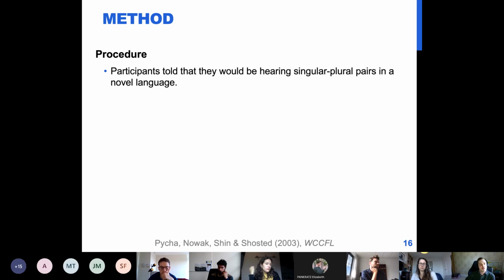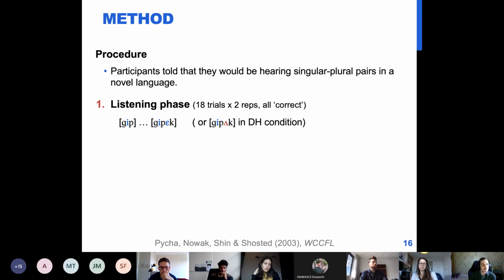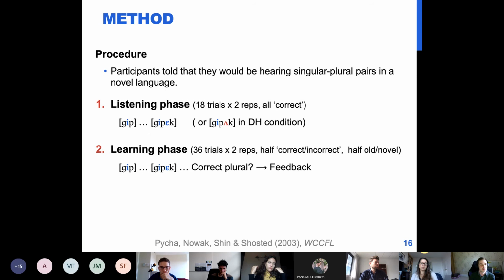In terms of the procedure, they told participants they would be hearing singular plural pairs in a novel language. There were three phases. The first is a listening phase, where people would hear trials like geep, geepek. That would be a harmony case, or geep, geepuk would be a disharmony case.